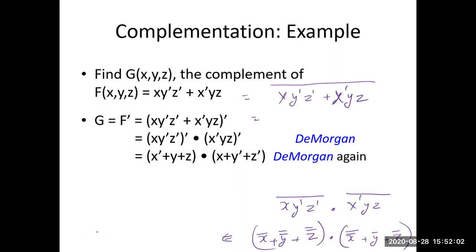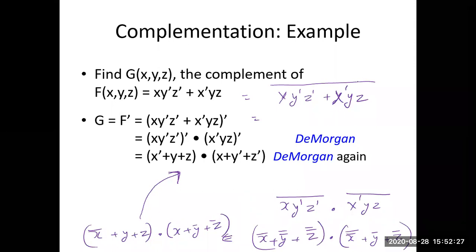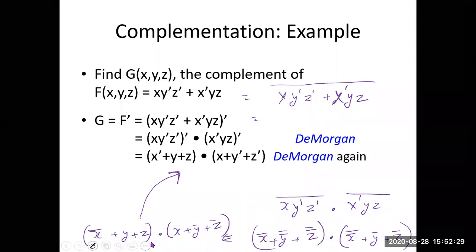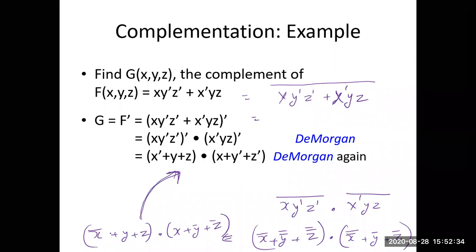So this is basically x bar plus y plus z, dot, x plus y bar plus z bar, and the same thing is written here. This is the method I am following: by complementing my whole function and then breaking it using De Morgan's theorem, I land up with this complement function.